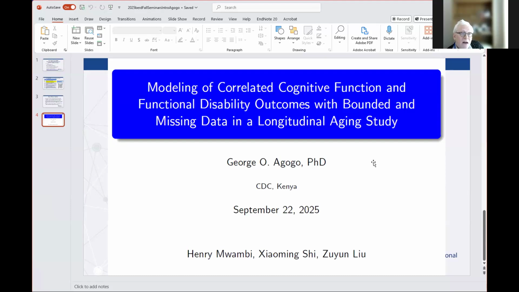In this case, he's modeling cognitive function and functional disability, and he's going to talk about what happens when one of the outcomes has boundaries, as many of the survey instruments do, and when there's missingness. And unlike missing at random, which is the common assumption with most methods of dealing with missingness, his approach specifically handles missing not at random. So it captures a lot of subtle things in statistics that are often ignored. And so it's a really rich area.